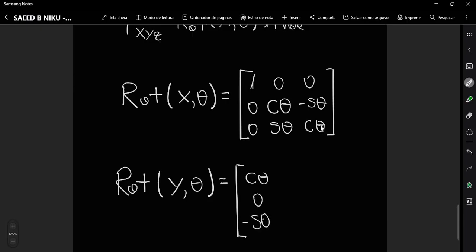Again, you have to be able to know what type of movement is being done just by looking at the characteristic matrix.